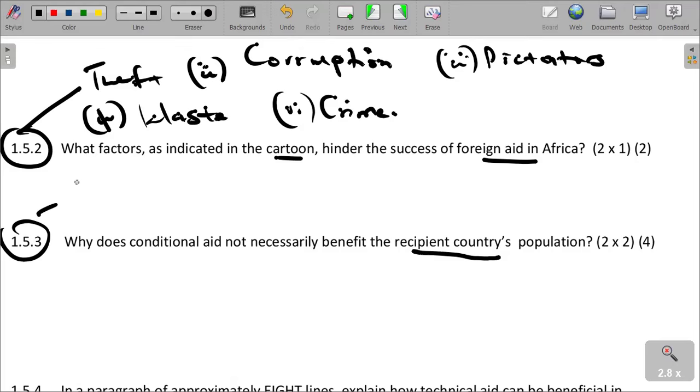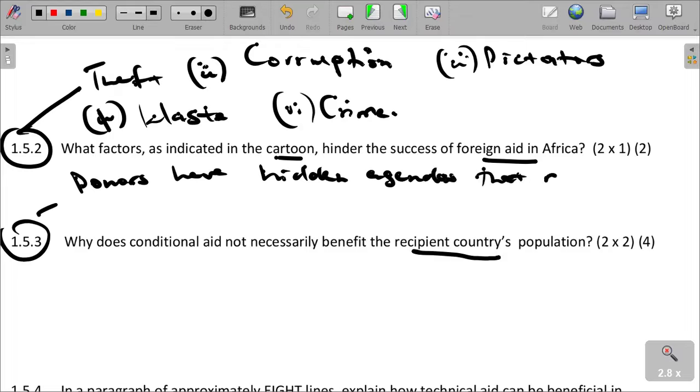Donors have got hidden agendas that may not be beneficial. Donors have got agendas that sometimes are not clean, are not straightforward. Therefore, they cannot be beneficial to the conditional donation that has been given.